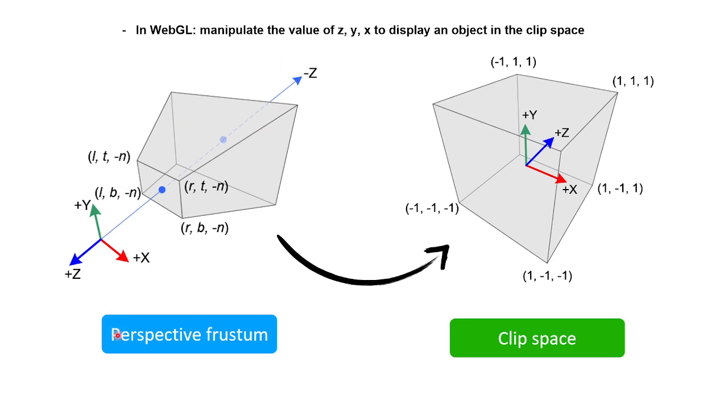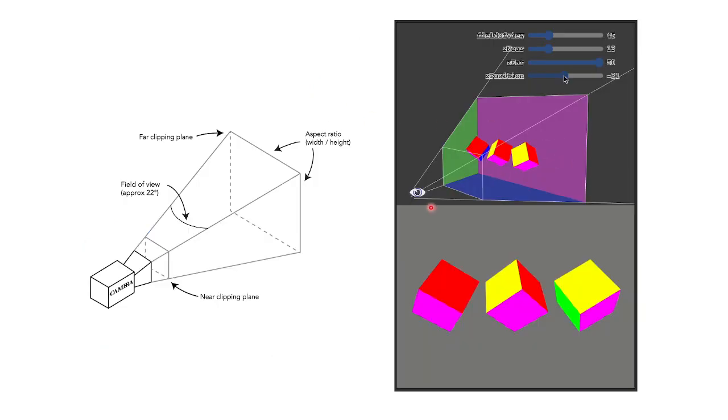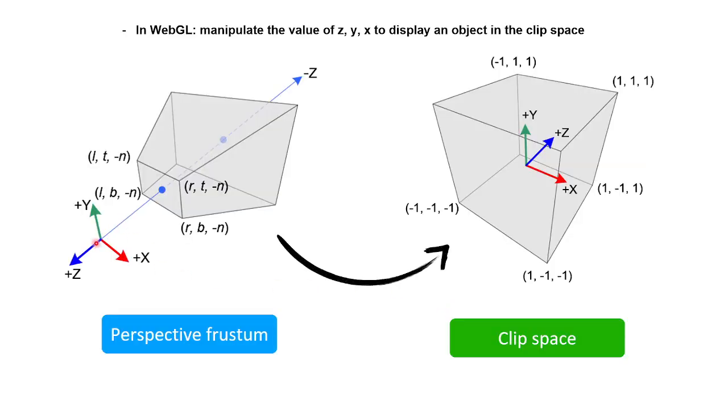In the perspective, we play with our camera using these values, X, Y, and Z. This is Z positive and this is Z negative. So in this example, when we play with the Z near here and Z far here, if it goes more to the negative, we will not be able to see this object, because this is positive, this is negative.